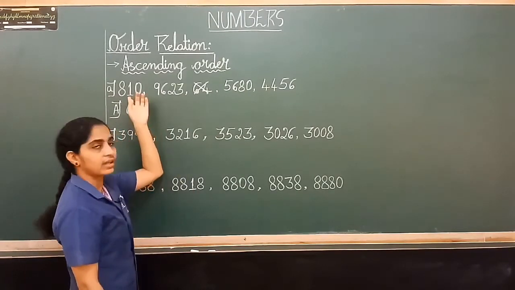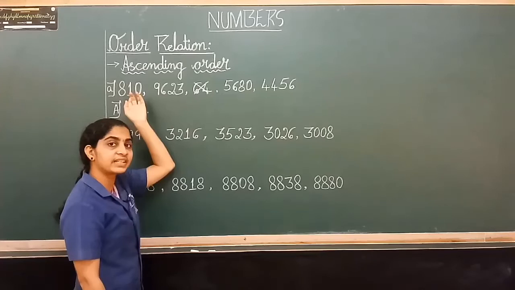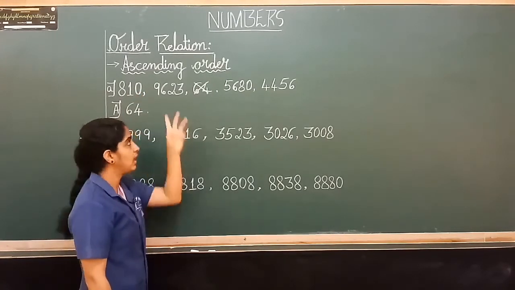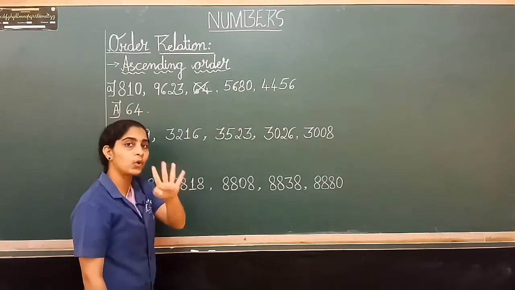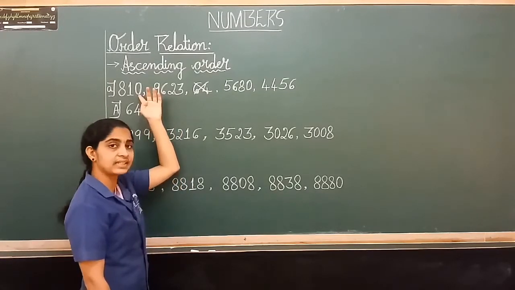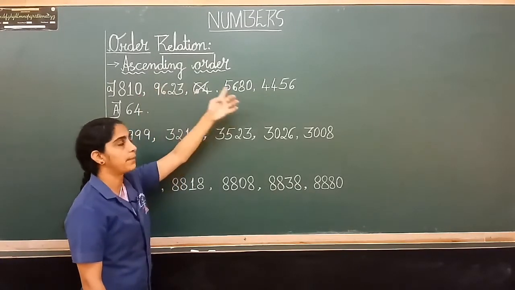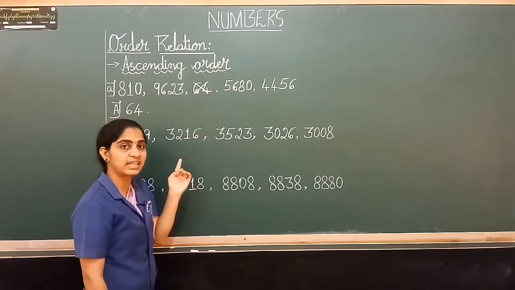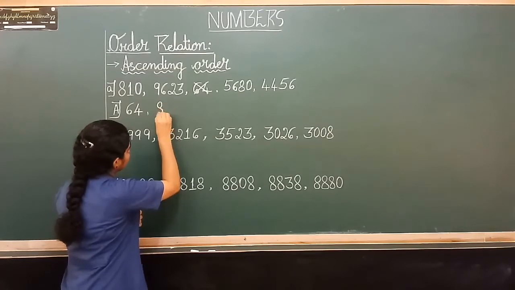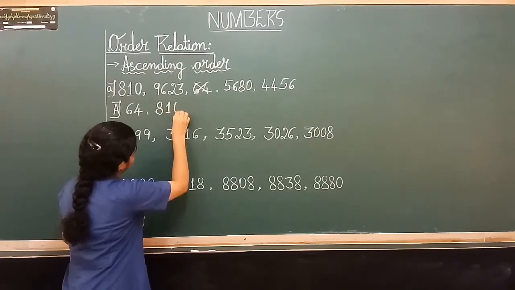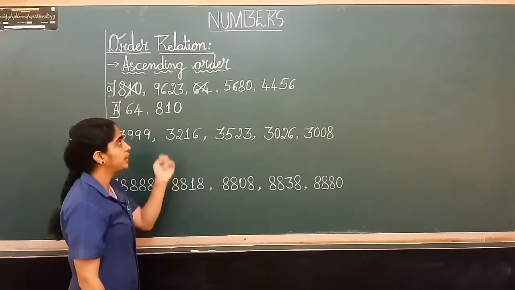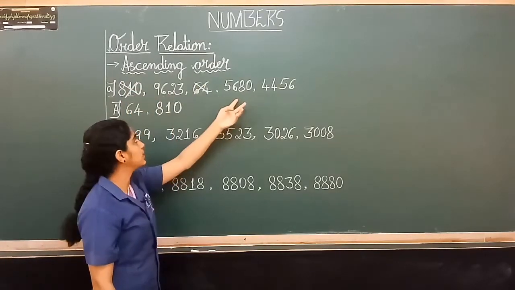Next, we have 810, which is 3-digit number. Other numbers are 4-digit numbers, correct? So 810 is the smaller number compared to all these 3 numbers. So we have to write 810 next. Now remaining there are 3 numbers.